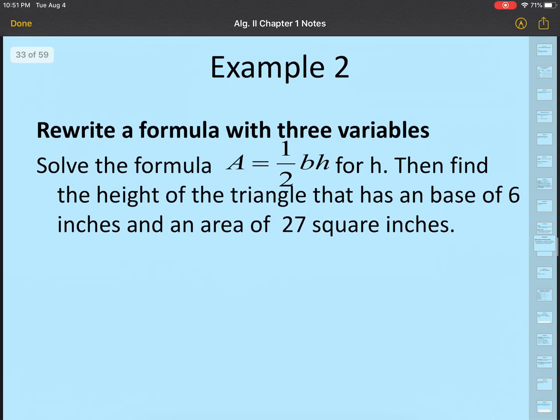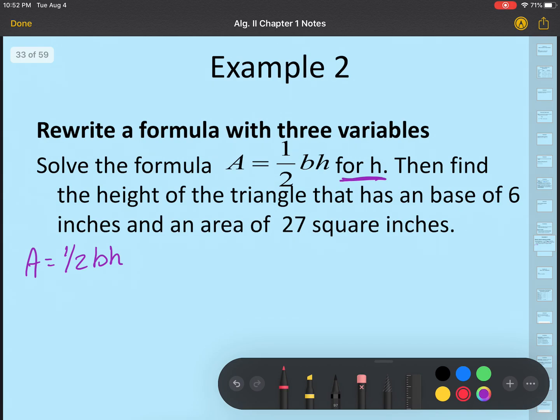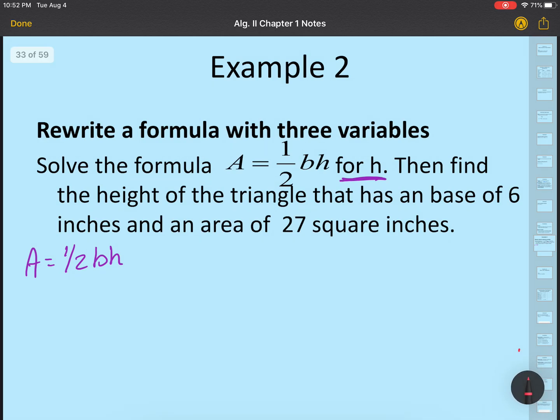In example 2, we're going to rewrite another formula. In this case, this is the area of the triangle formula. Area equals 1/2 base times height. But we want to solve it this time for the height. So again, let me rewrite this formula. Like we did in section 1 in that first example, I got a fraction, so I'm going to multiply it by the reciprocal.